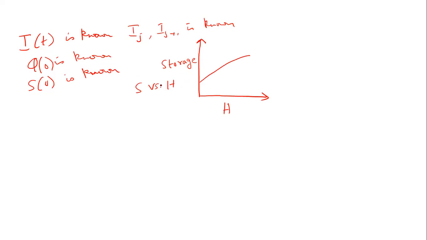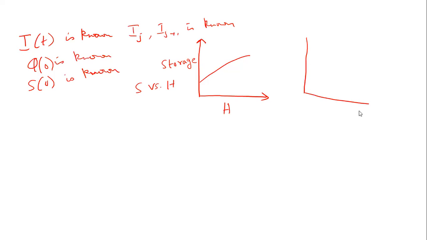So these are all the known factors before you attempt to solve the problem. You need to know some aspects of the system that you're looking at, right? So if I know the reservoir, then that means I know what the relationship between H and storage is. So now, is there something similar like this that we can say about Q?